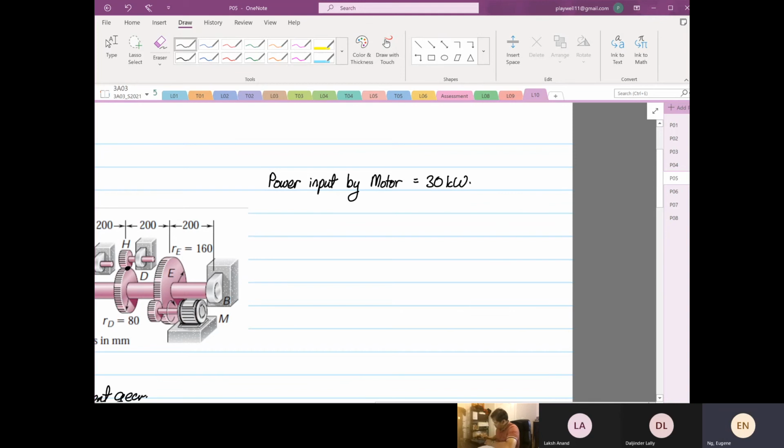So when it's 30 kilowatt, we know that gear E, which is the driver, will give 30 kilowatt input.